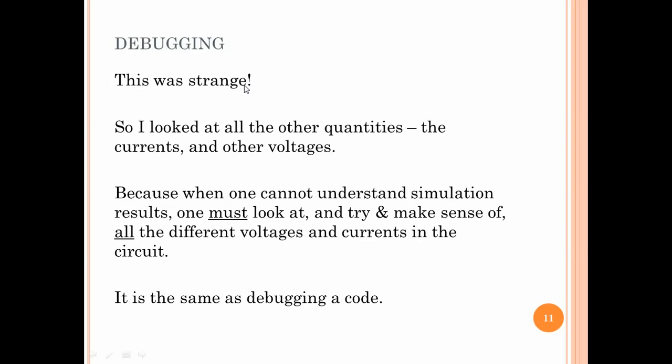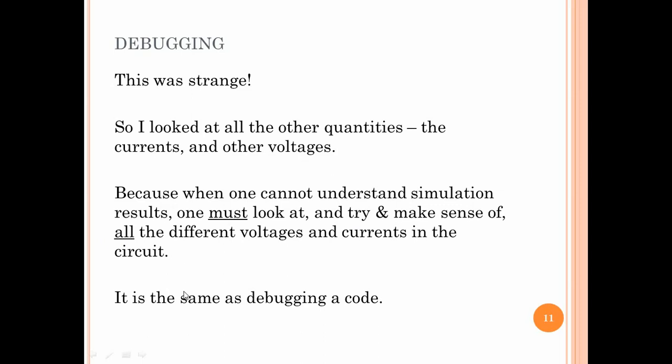So what does one do when one finds that the simulation gives results that one did not expect? What one does and one must do, and I emphasize this, is that in order to try and make sense of the simulation results, one must look at all the different voltages and currents in the circuit and try to understand what is going on.